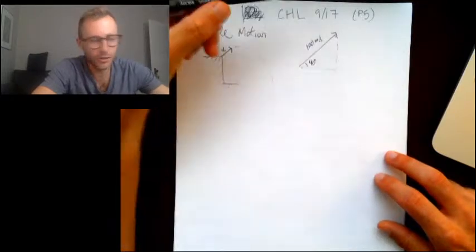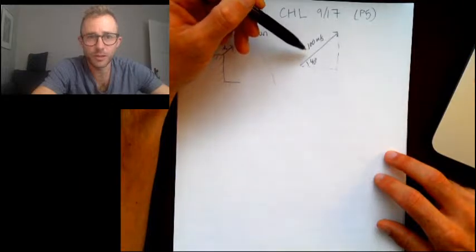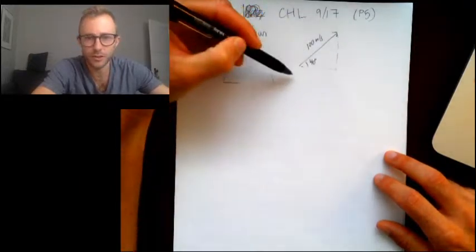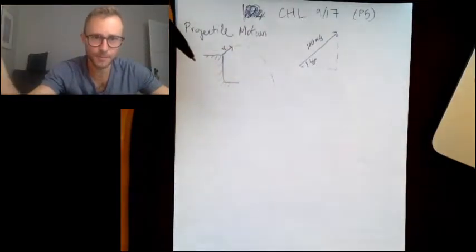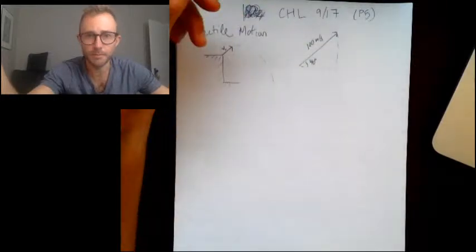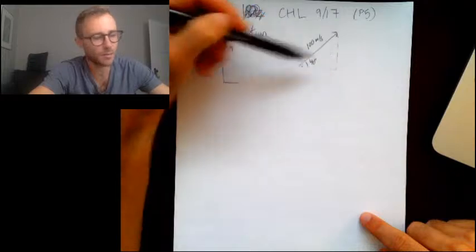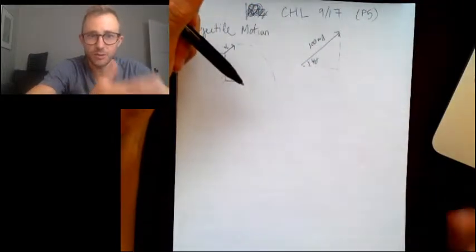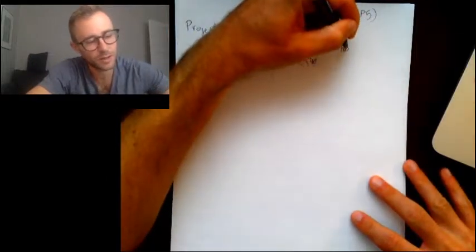Part of that speed is going up and down, and part of it is going side to side. We're going to use trig functions to get the components. The vertical component is opposite the angle, so I'm going to use sine. This would be 100 sine of 40 degrees.